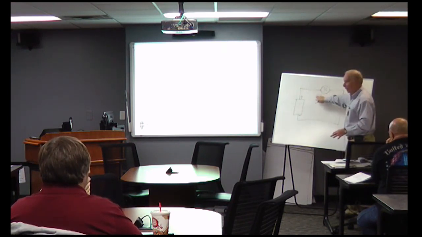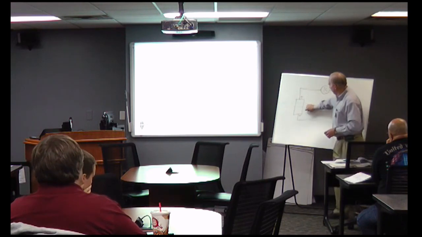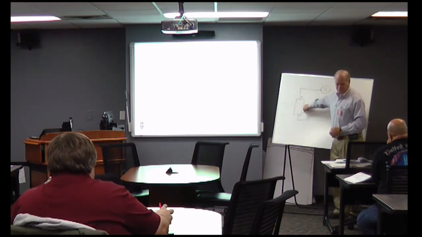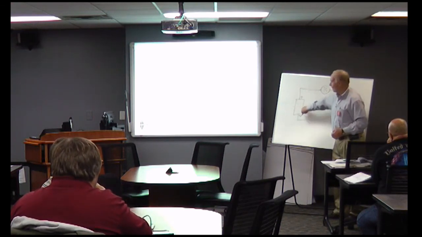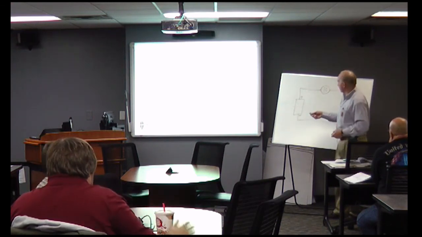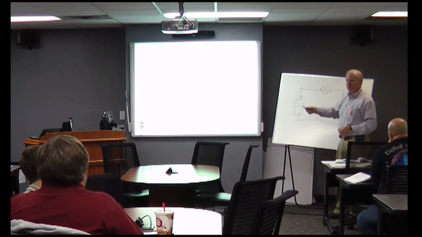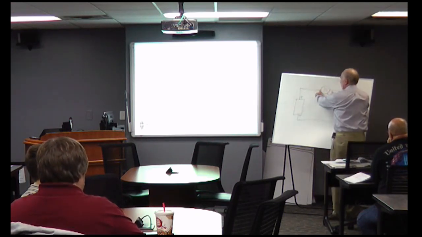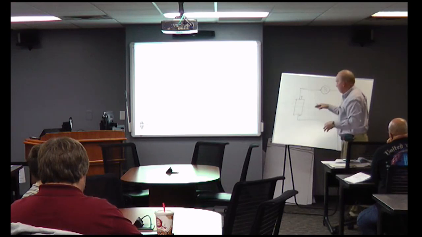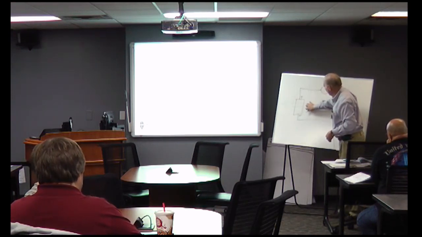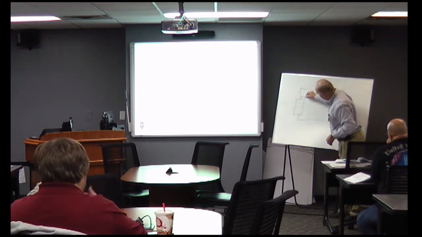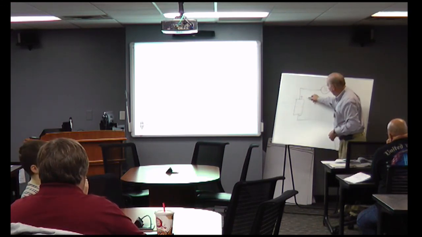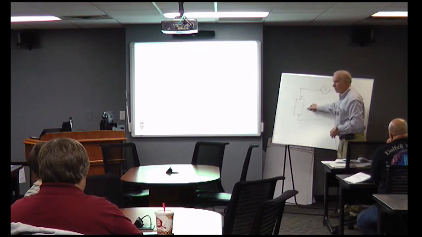Series circuit. It's got one path. Now let's just say this is a 1,000 volt battery. What we know is that all of the voltage here equals all of the voltage across here. In other words, if I've got 20 volts, that represents the difference between the charge on the positive side and the charge on the negative side. I've got a 20-volt battery.